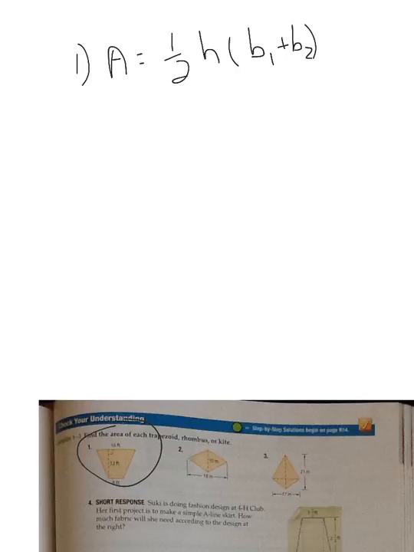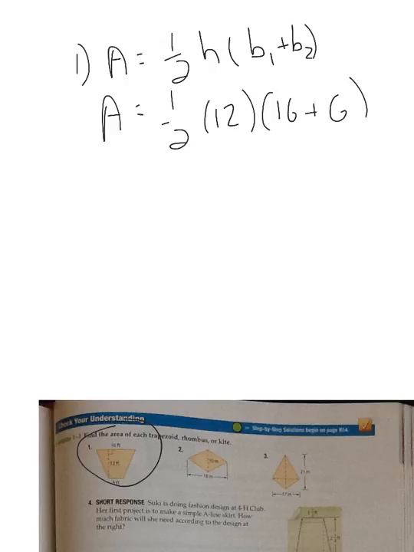So in this case, the height is 12 feet, one of the bases is 16 feet, and the other one is 6 feet. Let's substitute. Area is equal to 1/2 times 12 times (16 plus 6).